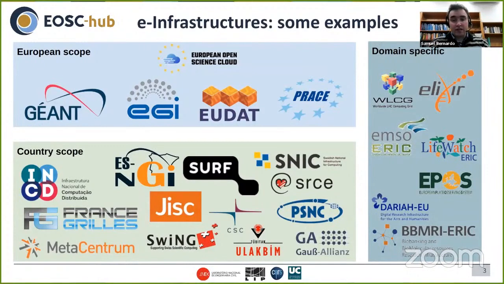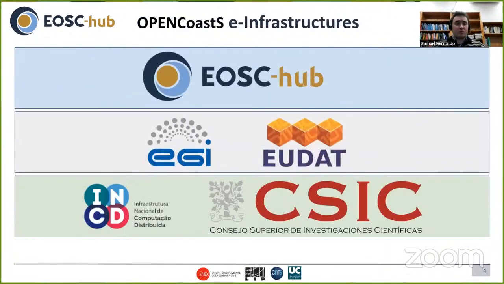So they are built on top of the national and international ones and rely on specific services, such as the WLCG from CERN or LifeWatch, just some examples. So for OpenCoastS, we'll focus on EOSC-hub, EGI and EUDAT, and also INCD and CSIC from the previously presented infrastructures. So what are they?